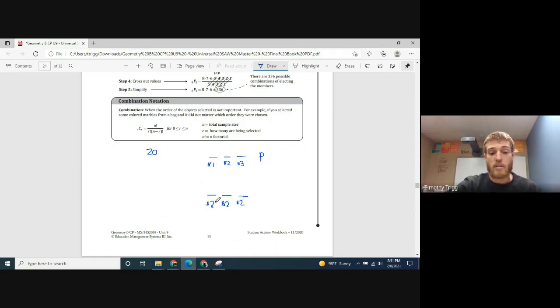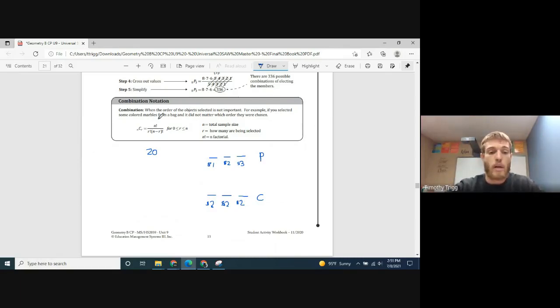Whereas this one's a combination because here, if you're chosen as one of the employees to get a raise, well, it didn't matter if you're picked first, second, or third, you get the same raise, right? $2. So in this example, order does not matter. In this example, order does matter. So this is a permutation, this is a combination.